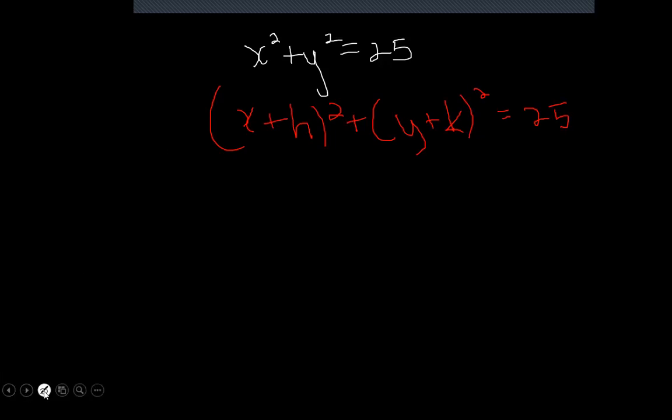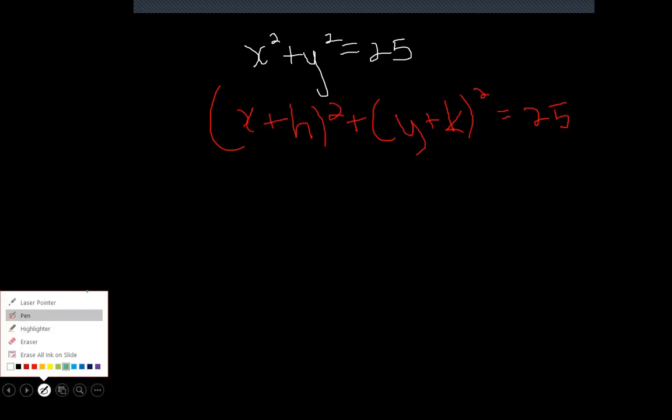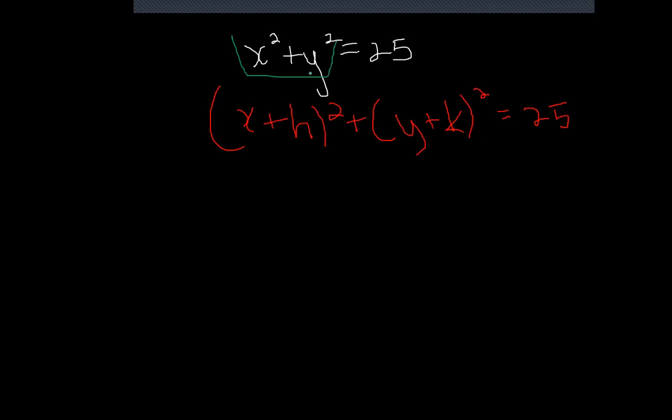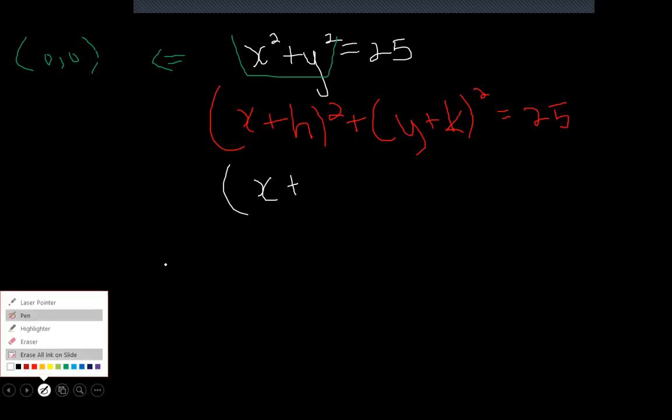So, like I said, when you see it in this form, the coordinates of the center is 0, 0, which means it passes through the origin. Now I want to show you how. Well, the center.